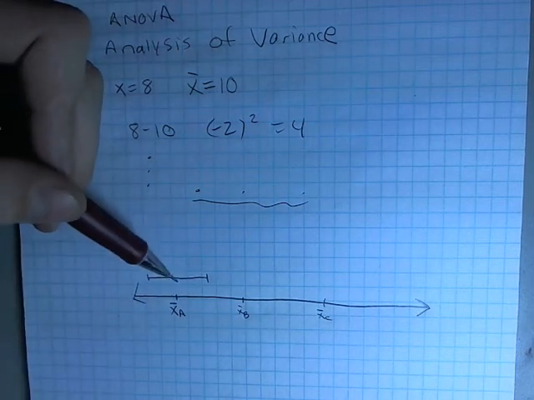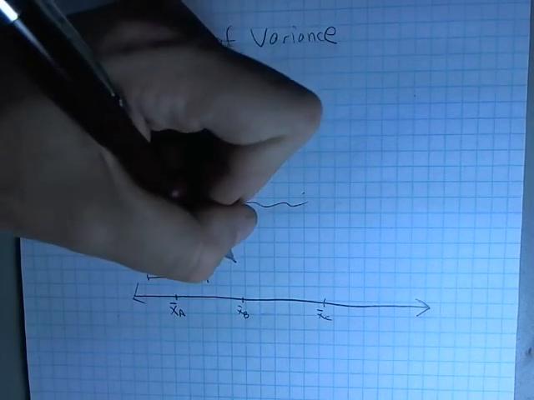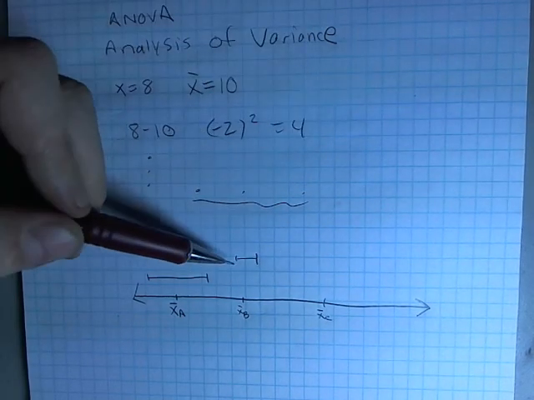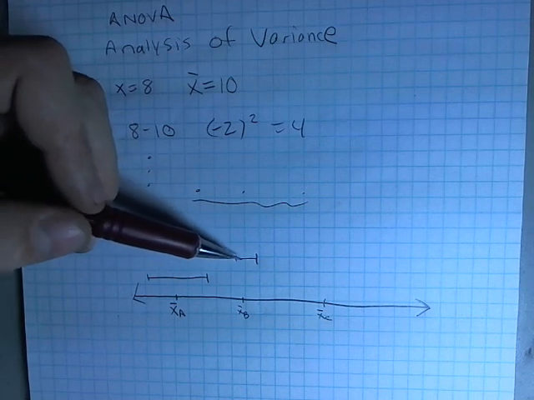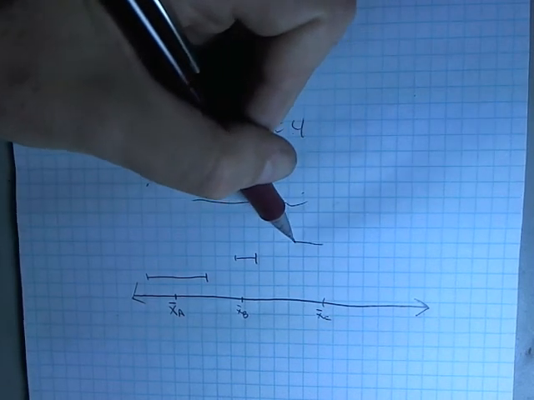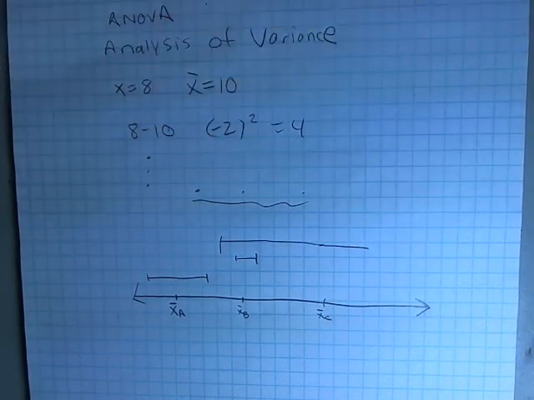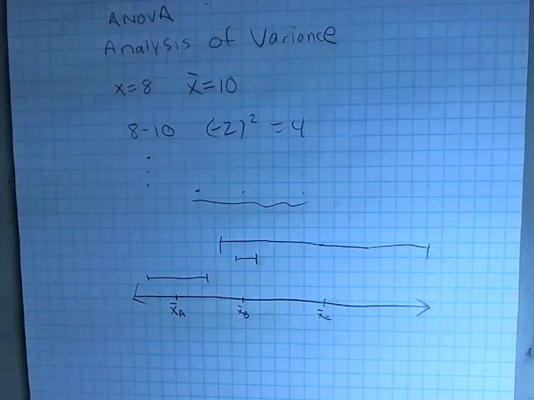We'll say this one has about a medium variance. Sample mean B, let's say, has very low variance, so its confidence interval will be accordingly narrow. And sample C, let's say it had a really big variance, so its confidence interval would plot out looking something like this.